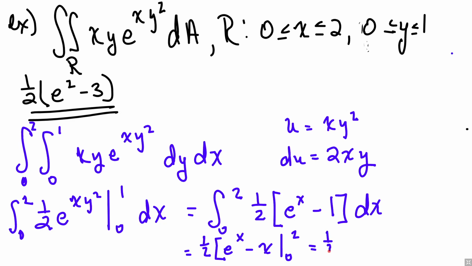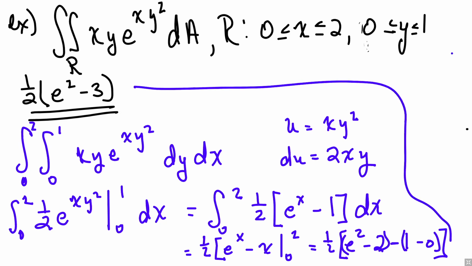So at 2, I'm going to have e squared minus 2, then minus, at 0, I'm going to have 1 minus 0. And when I combine like terms, I end up with this expression here. Any questions?